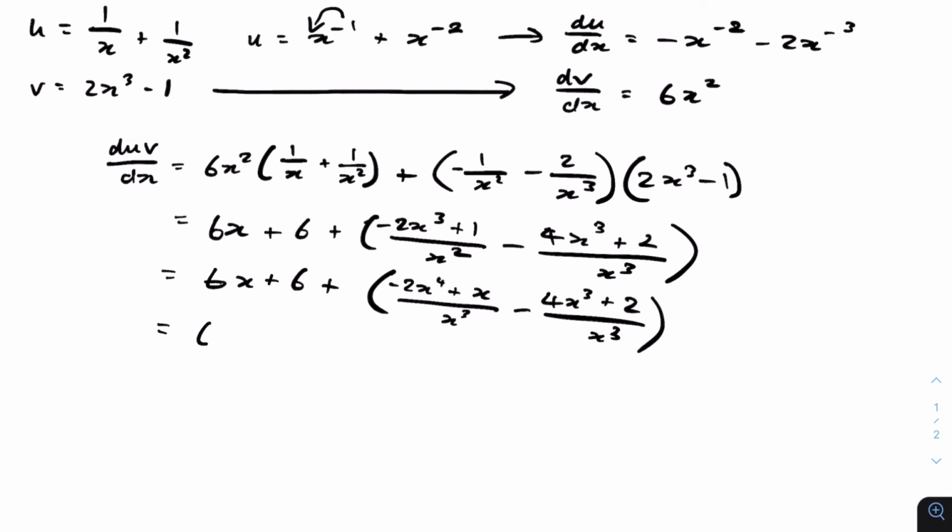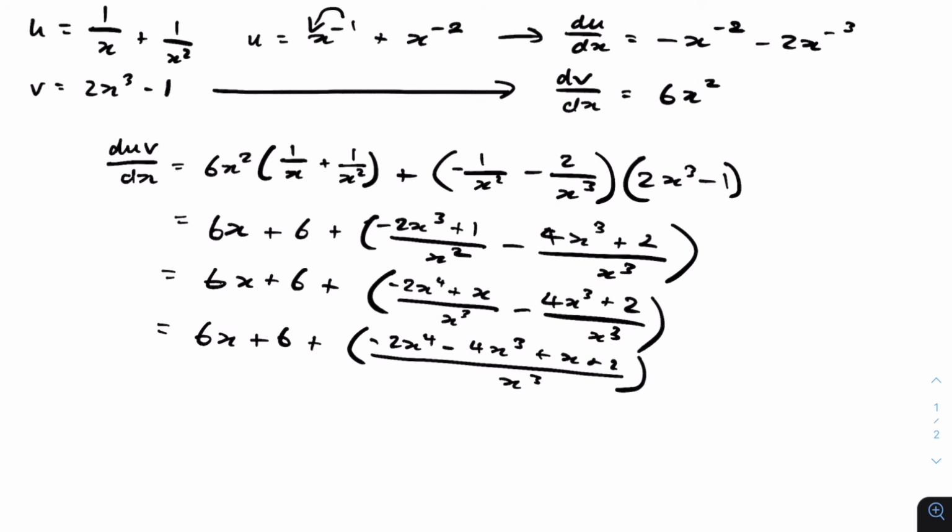Simplify further, get 6x plus 6. And then we'll simplify it internally, and then we'll only bring it out when it's all simplified. Negative 6, oops, sorry, not negative 6. Negative 2x to the power 4 minus 4x cubed plus x plus 2, divided by x cubed.